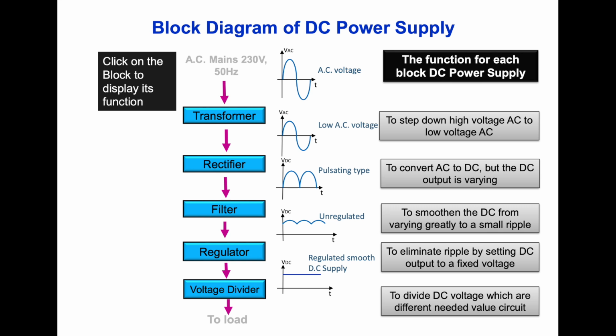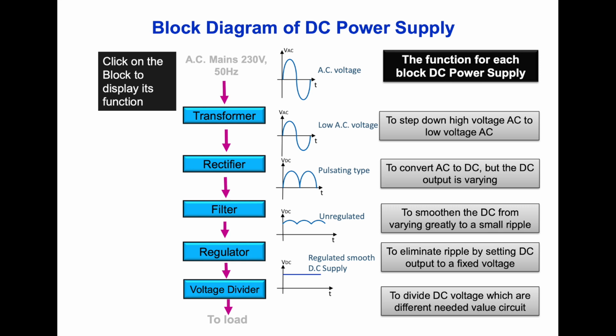The function of each of these blocks is to provide DC power supply. First we have the AC voltage, and at the end, after the voltage divider, we will get the regulated smooth DC supply. The AC voltage goes through the transformer, whose function is to step down the high voltage AC to a lower voltage AC.